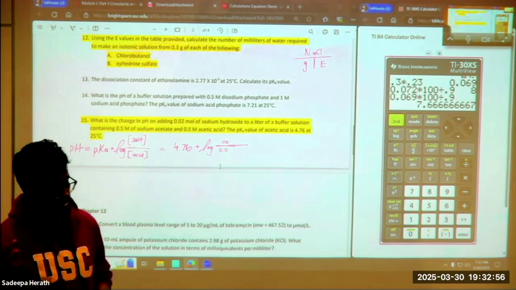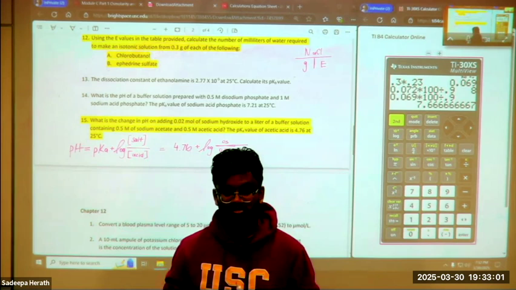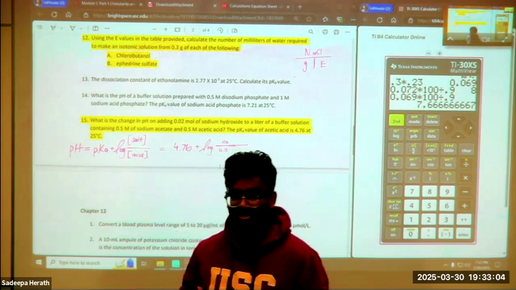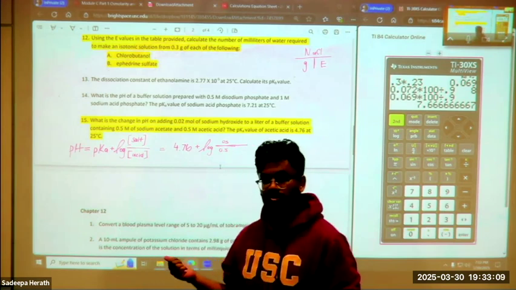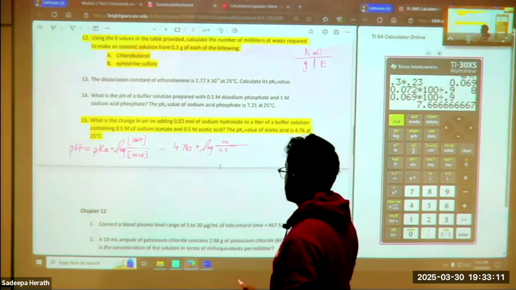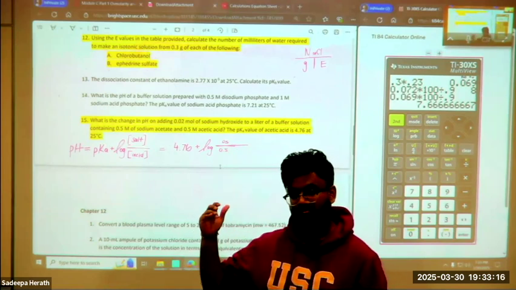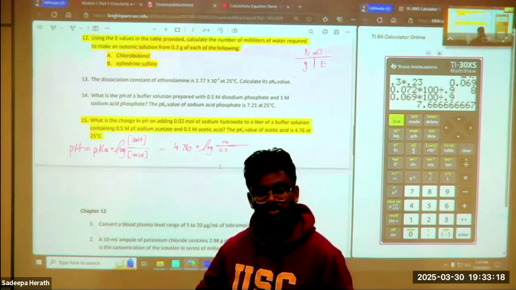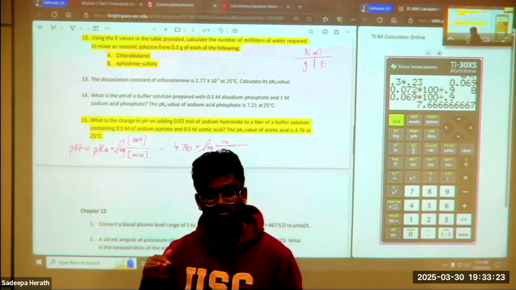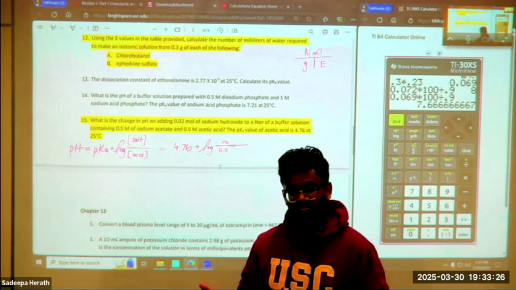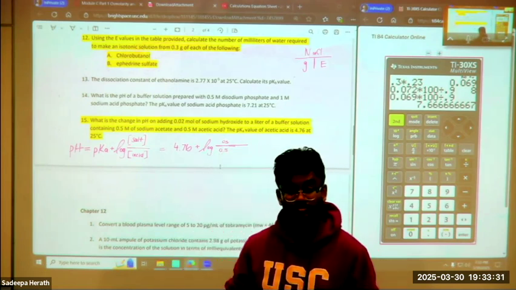So again, this conceptually is chemistry based. You need to think about what is happening when you're adding a base into a buffer solution containing an acid. When you're adding base into that solution, you're creating more salt, and the acid is being neutralized, so there's going to be a lesser amount of acid. If you need to go back into titrations and buffers, you can, but that's the idea.